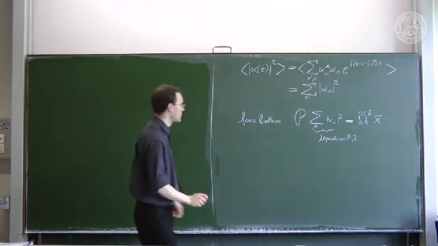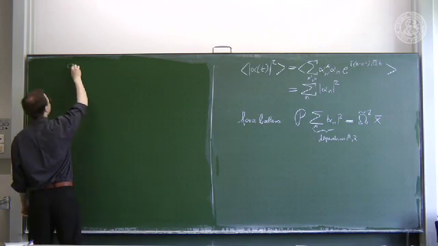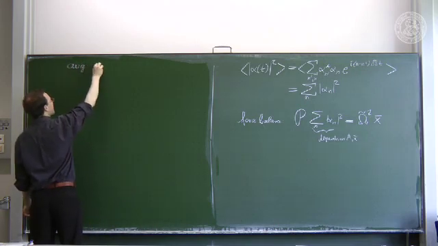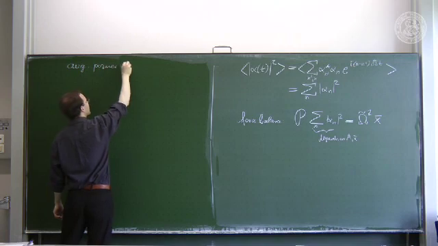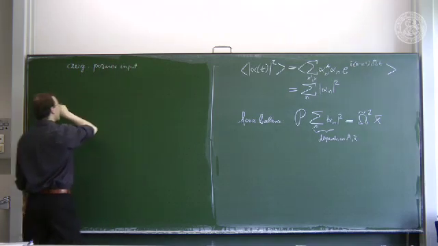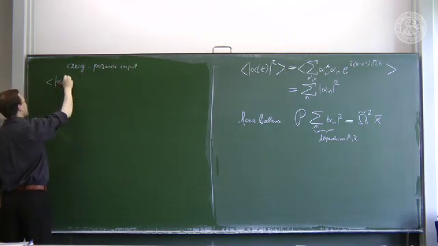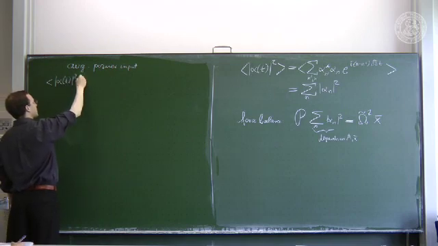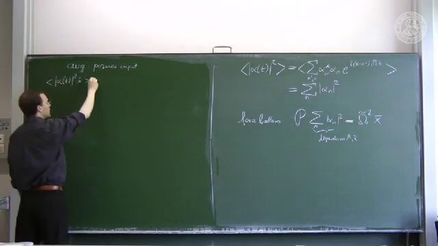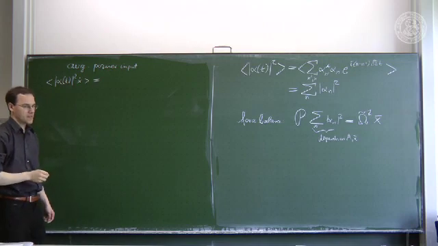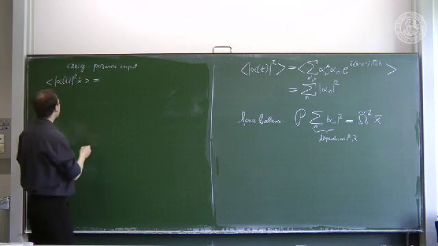Now what about the average power input? This is slightly more interesting. What I need to get is alpha squared times the velocity. Now, the velocity is simply sinusoidal.